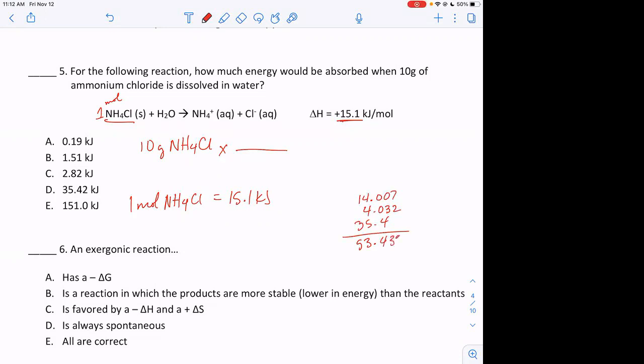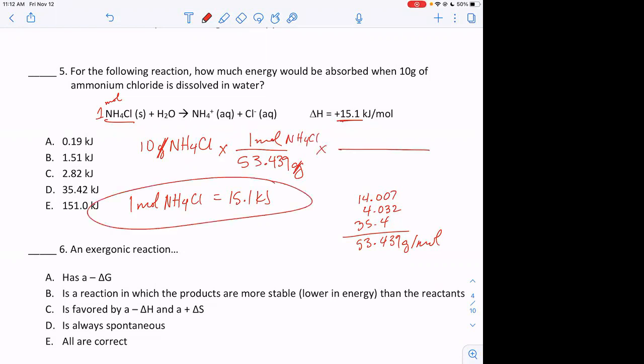It probably wasn't exactly this, but very close, grams per mole. So then you would divide by 53.439. I'm probably off by just a little bit on this, for 1 mole. And so the grams cancel. And this is ammonium chloride, NH4Cl. So now I'm going to plug in this relationship: for every 1 mole of NH4Cl, the moles cancel.